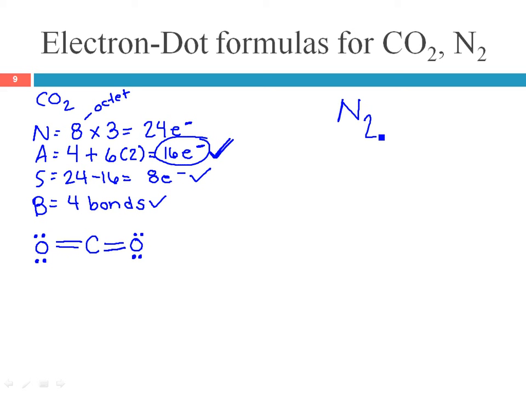Another example is N2. So if we come up with needed, we just need 8 times 2. Available, nitrogen is in group 5. We need 5 times 2 or 5 plus 5, however you want to look at that.